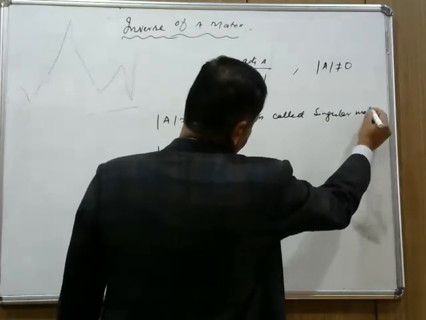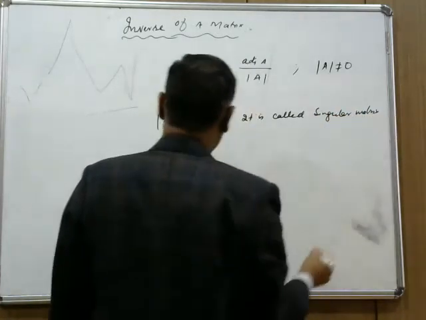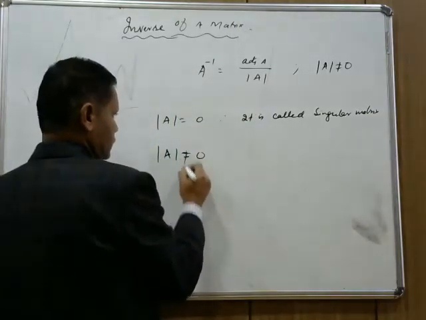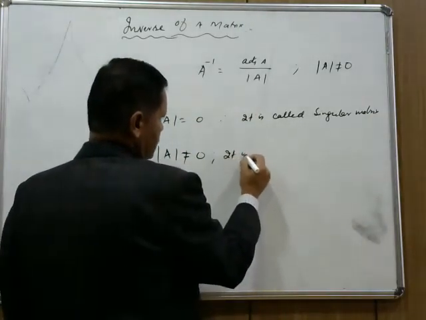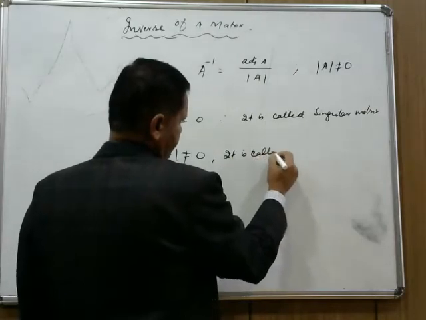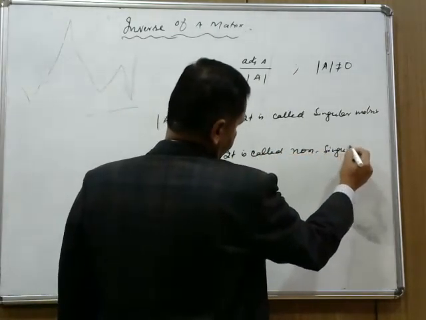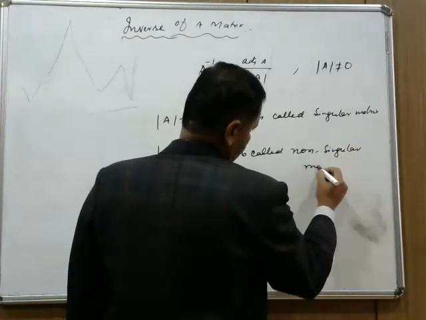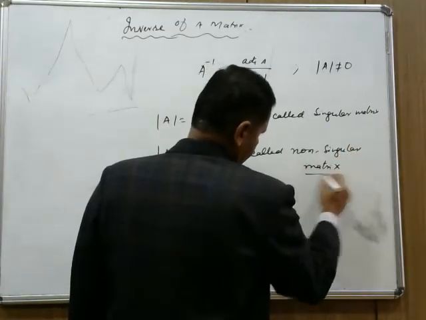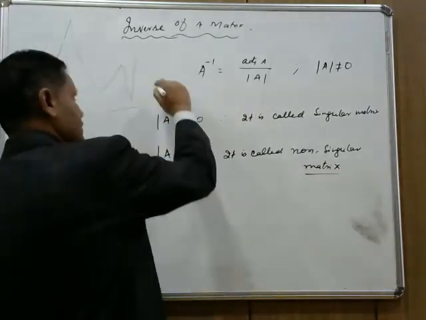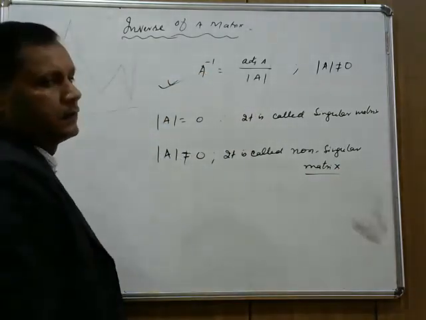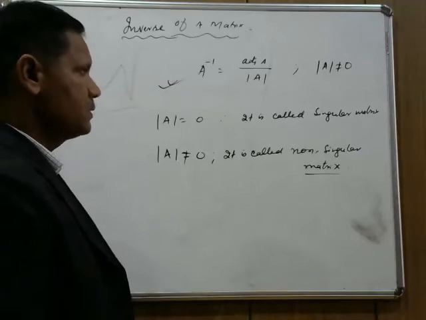And if it is not equal to 0, it is called a non-singular matrix. It means we can find the inverse of only a matrix which is non-singular.